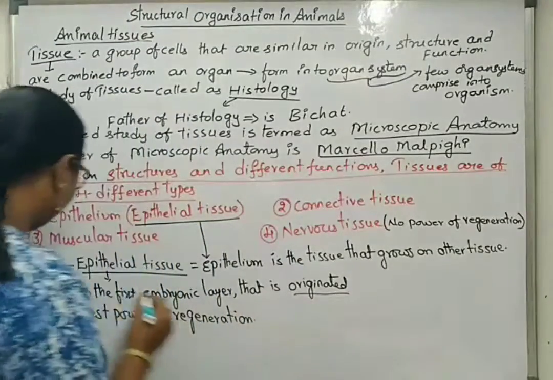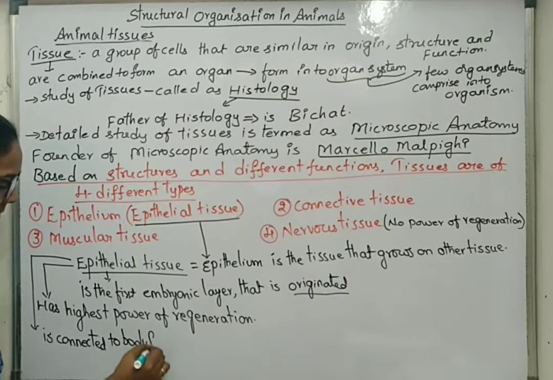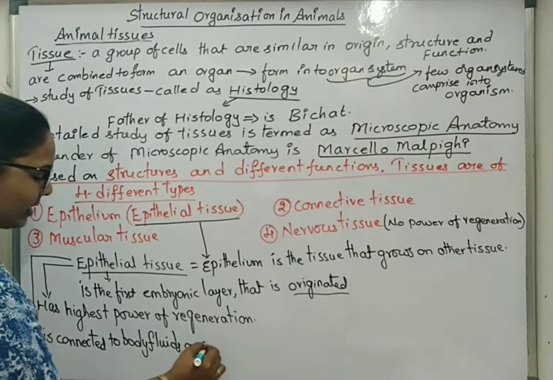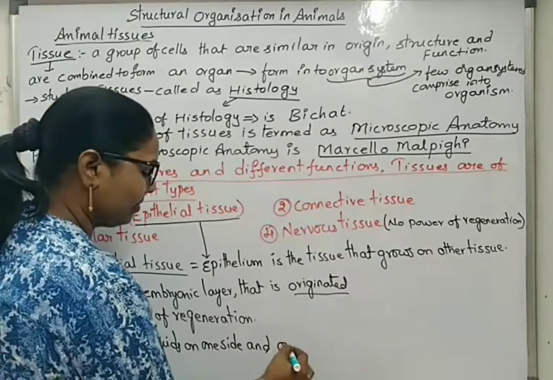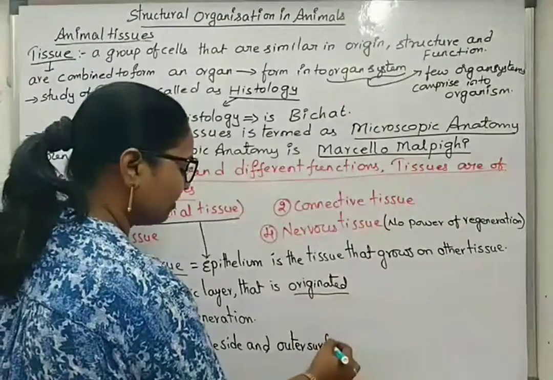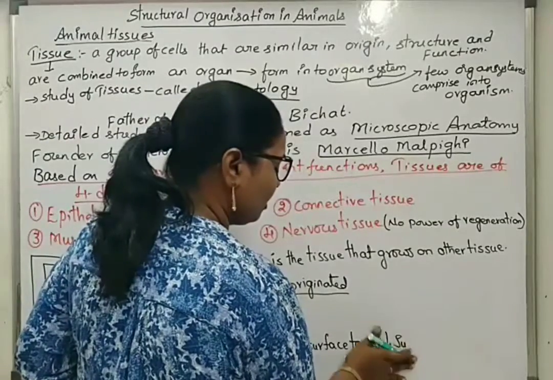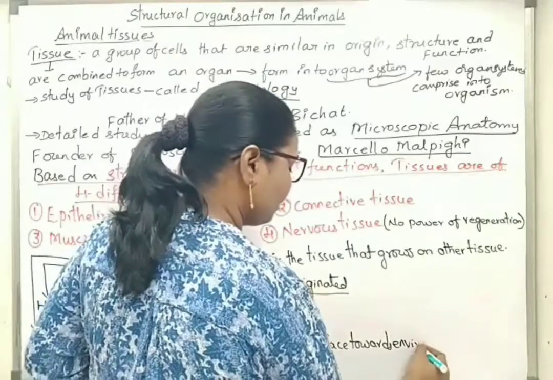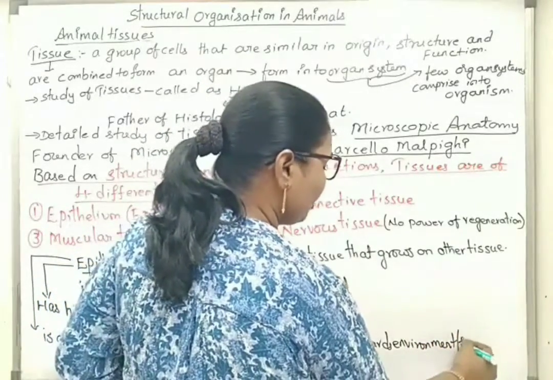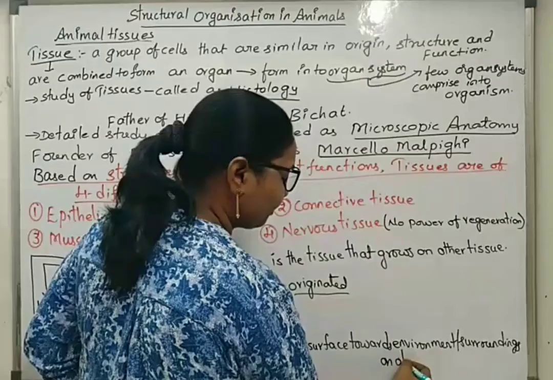So epithelial tissue is connected to body fluids on one side and to the outer surface, towards the environment or surroundings, on the other side.